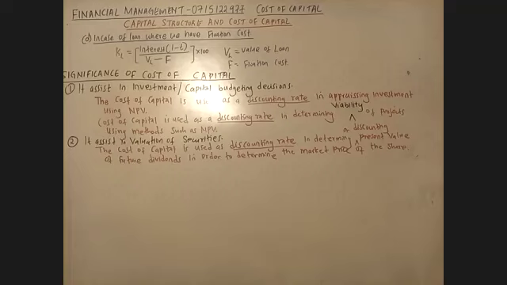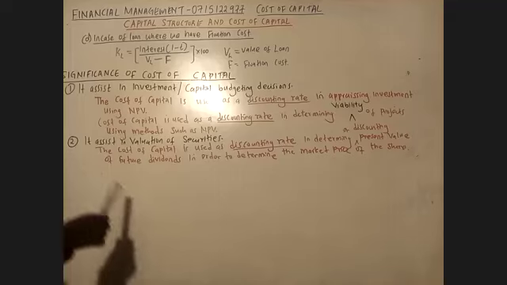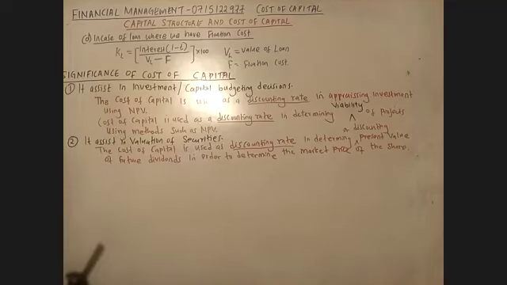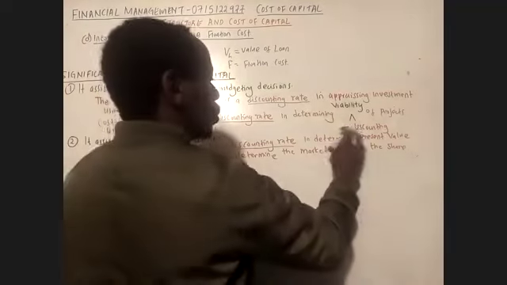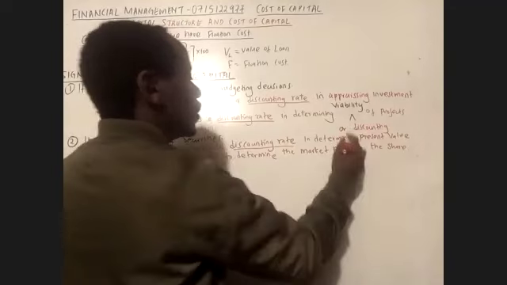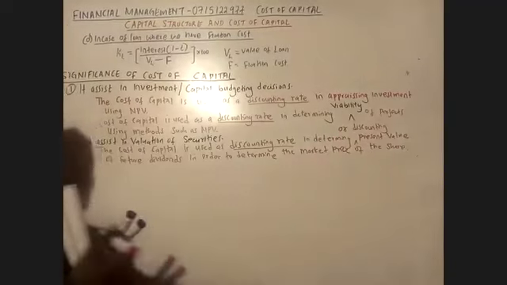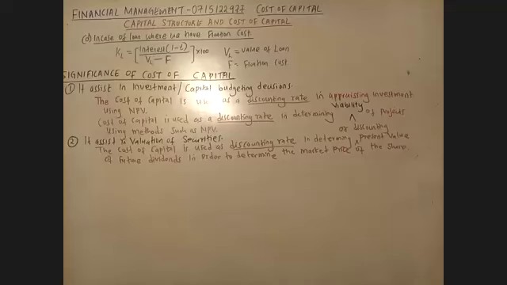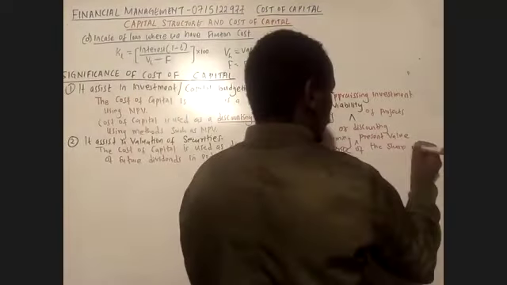Now, when we convert the future values of dividends to present value, the present value of those future dividends, when they are aggregated together, will form the market price of that share. That's what we are saying. The cost of capital is used as a discounting rate in discounting the present value of the future dividends in order to determine the market price of the share today.